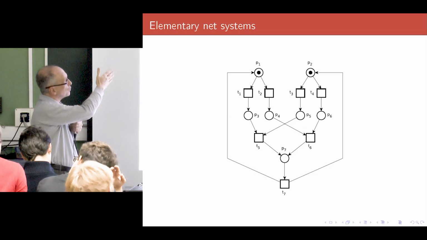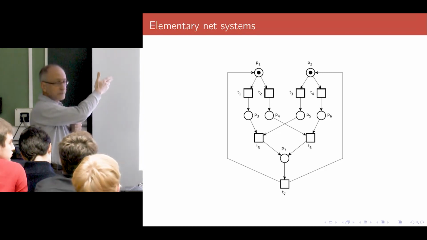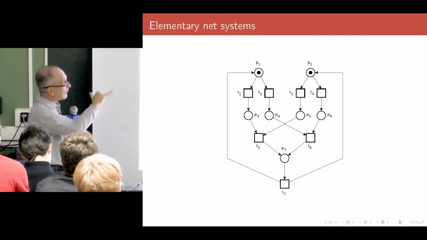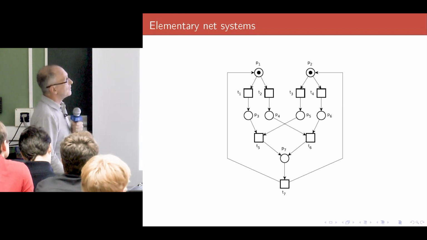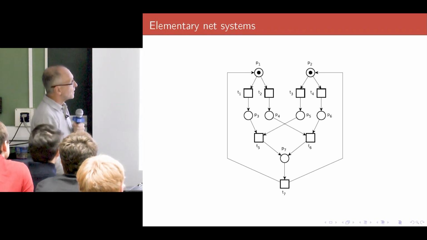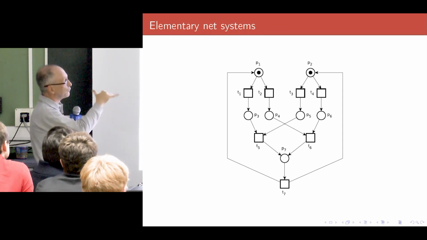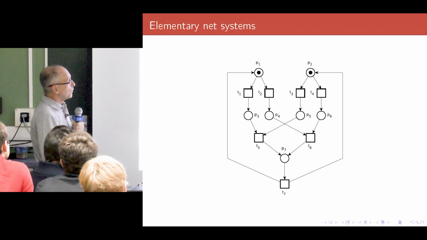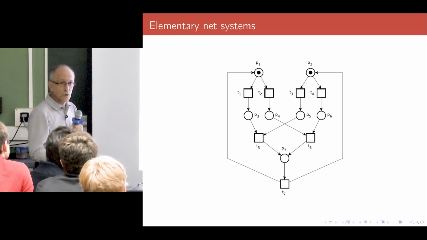But suppose that we choose T1 on the left and T4 on the right. Then after these events, P3 and P6 will be true as local states. And now, if we apply the firing rule that we saw before, we can check that there is no enabled transition.